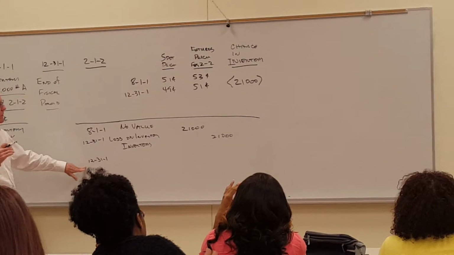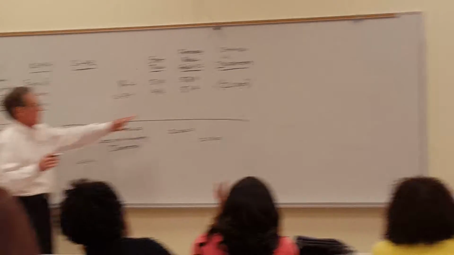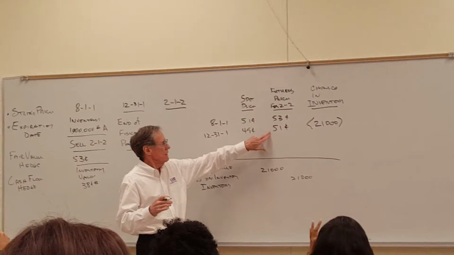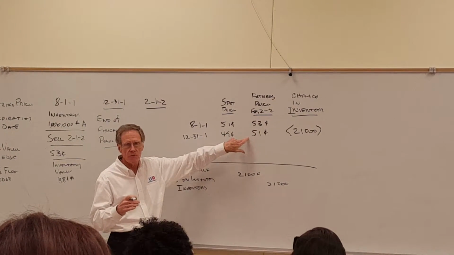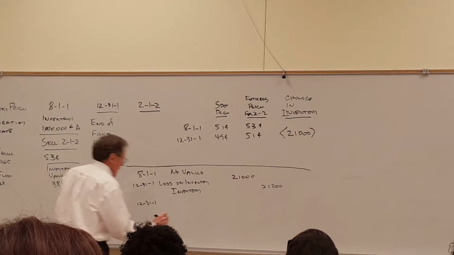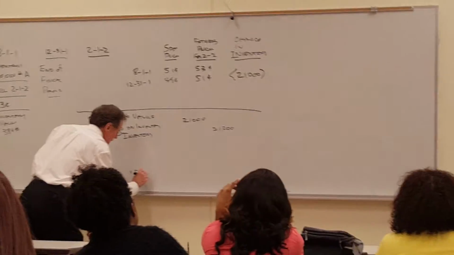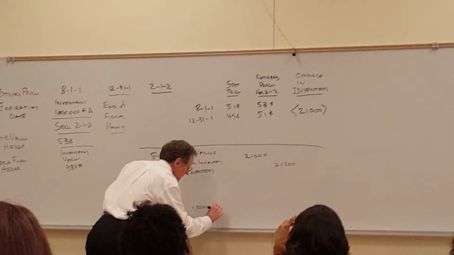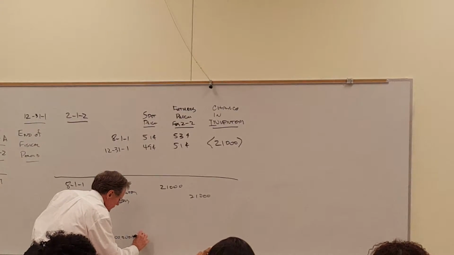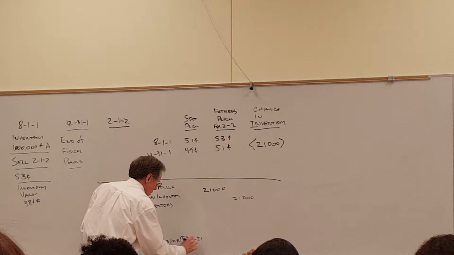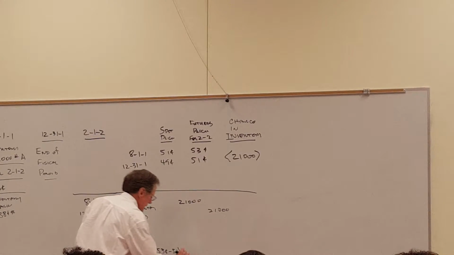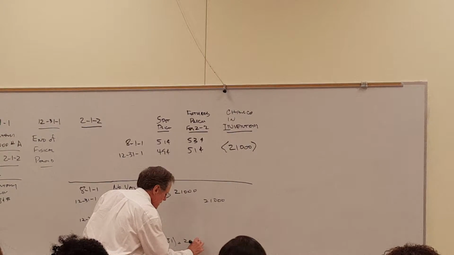So we have on 12/31, what we can do is buy what we've sold for 53 cents. We can buy it for 51. So we have 1,000,000 pounds times 53 cents minus 51 cents, or a 2-cent gain, and that's $20,000.